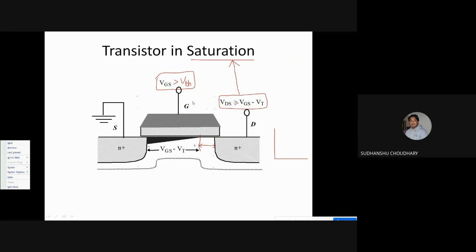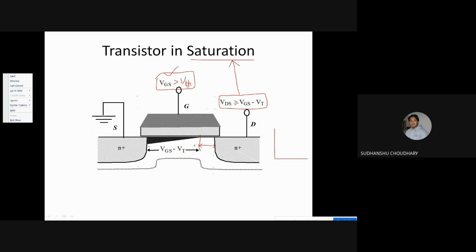I'll repeat once again. For saturation, you need to ensure two conditions. First, VGS should be greater than VT. If this is not met, then there will be no channel, obviously. So for creating a channel, you need VGS greater than VT.